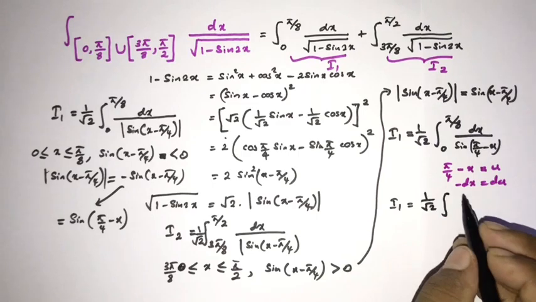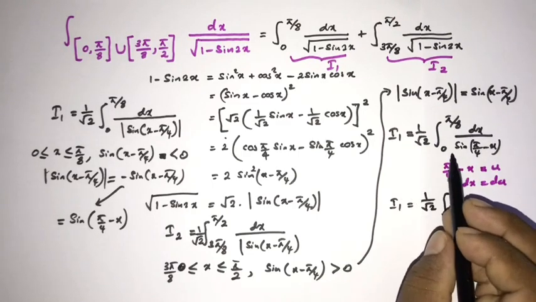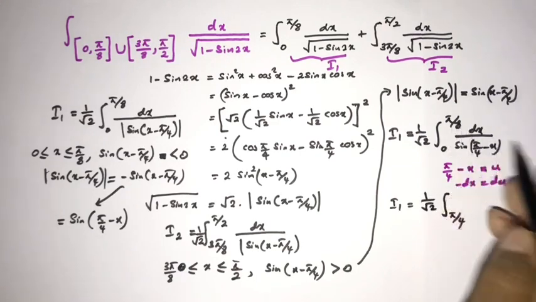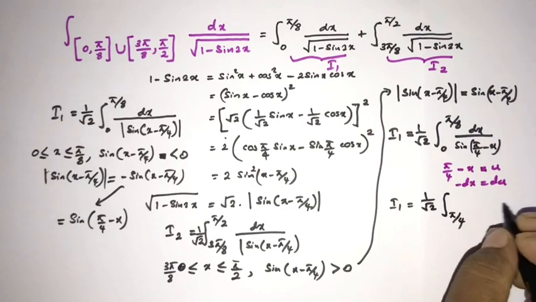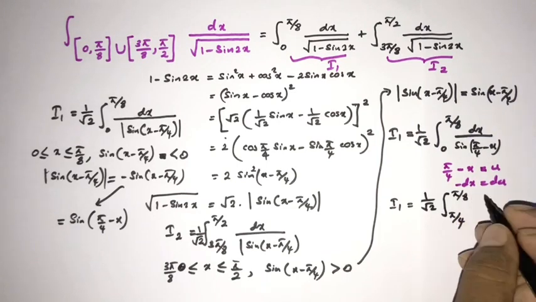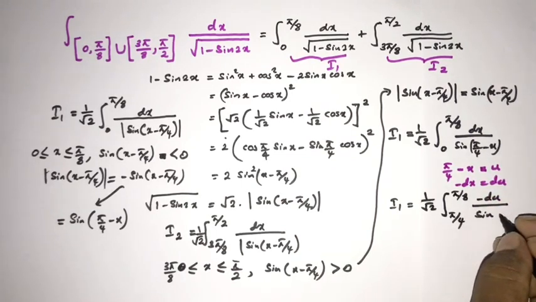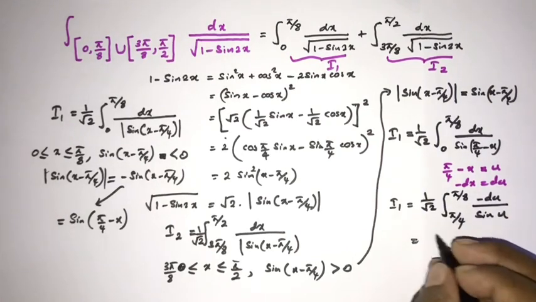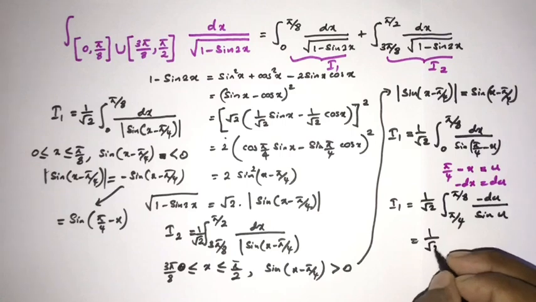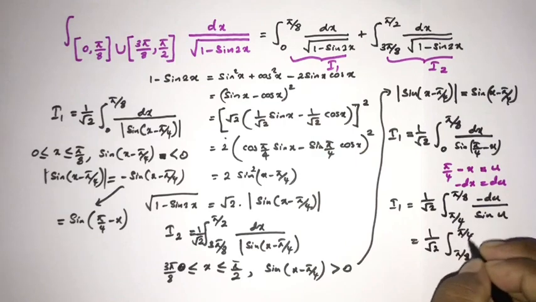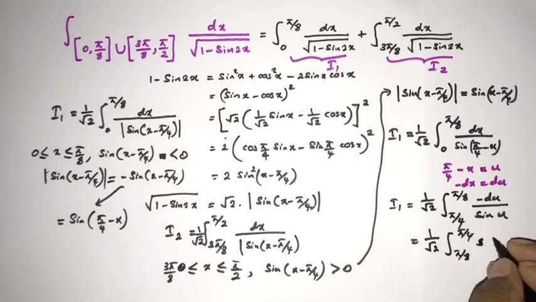Now we should change the boundaries. When x approaches 0, u approaches π/4. When x approaches 5π/8, u approaches π/8. Then dx is minus du over sine of u. When we change the limits, this minus gets cancelled, so we have the integral from π/8 to π/4 of du over sine of u.